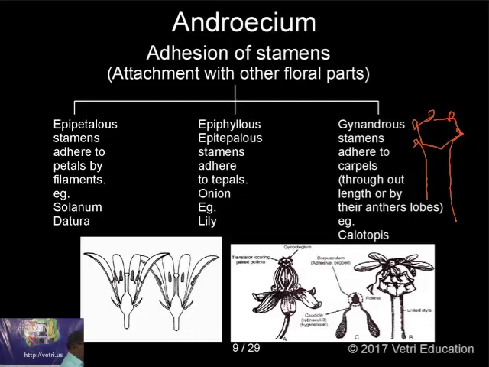That is called the translator mechanism. This part is called the translator. Along with this translator, the insect carries these stamens from one place to another place. That's why the pollination is effected. This you can find in Calotropis plant. Calotropis, translator mechanism. Here you can remember gynostegium.